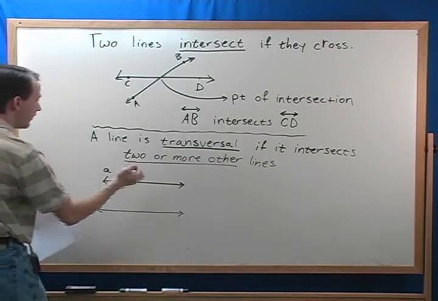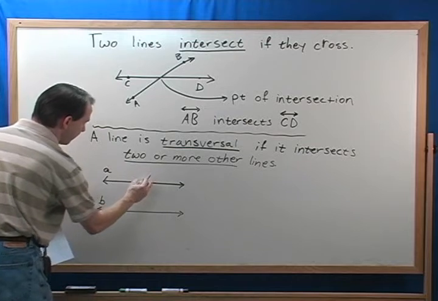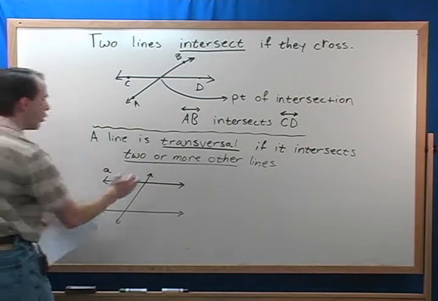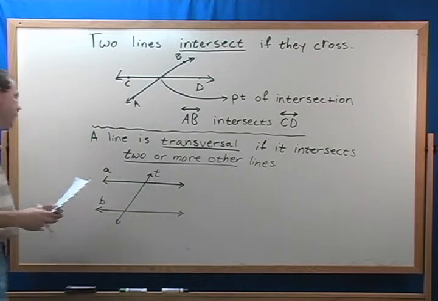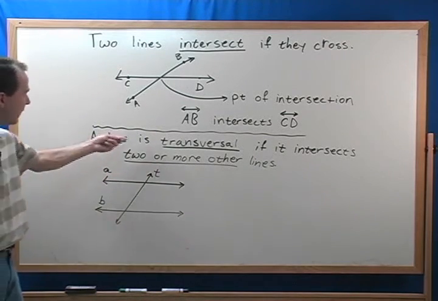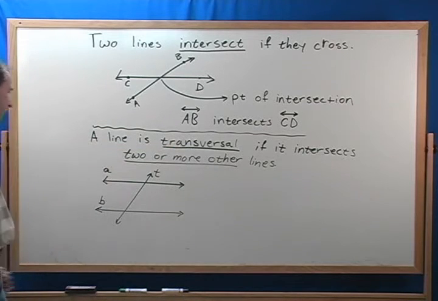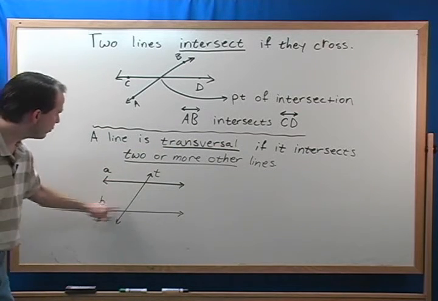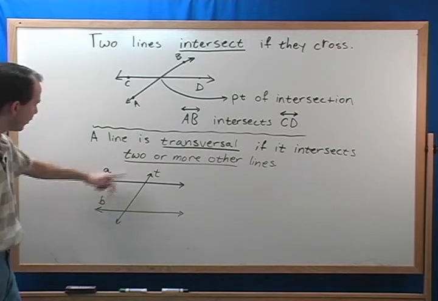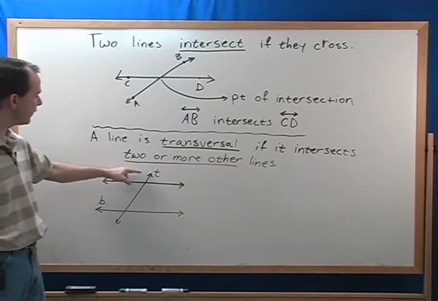Okay, so now if I take a third line and I go up through here and down through here, and I call this line T, then the bottom line is I say that T is transversal, because it intersects two or more other lines. Now I could have tons of other lines here crisscrossing, but all I need is for it to intersect two lines.